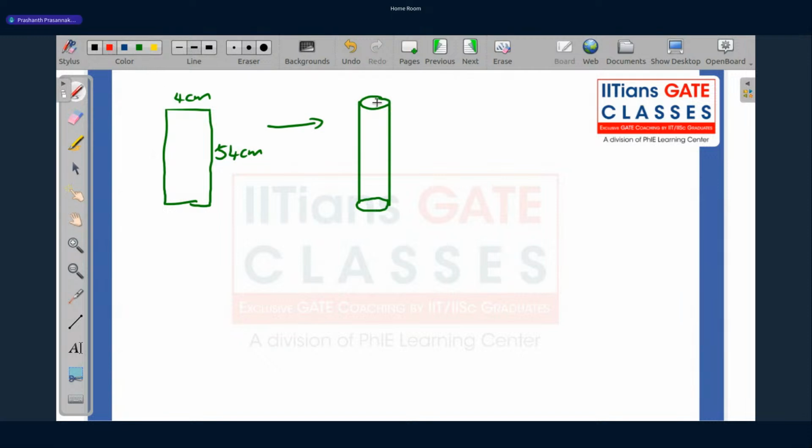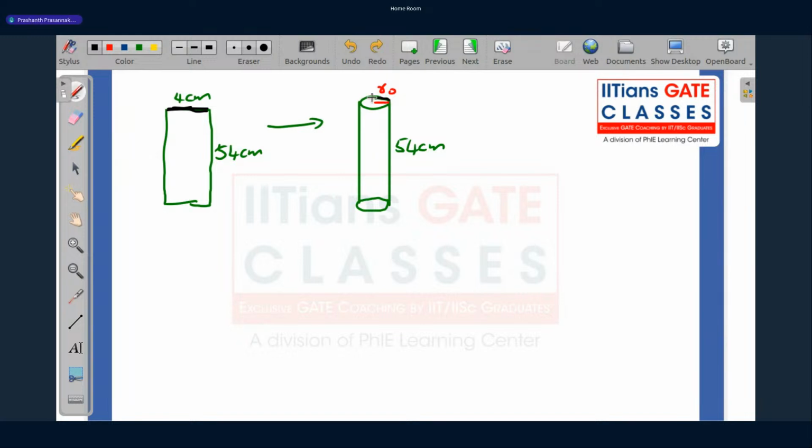This will have some radius, let's say R0. The length stays the same as 54. We need to find out this radius R0. One thing we can see is that this 4 centimeter marked over here fits into the circumference over here.